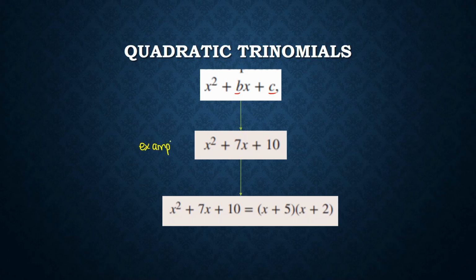I've just changed the color of my pen to yellow, so it's just easier. So this is the example, x squared plus 7x plus 10. So what you are trying to achieve from looking at this is to find out what two numbers times together will give you 10, but added together will give you 7. So this one over here is times, and this one over here is add.